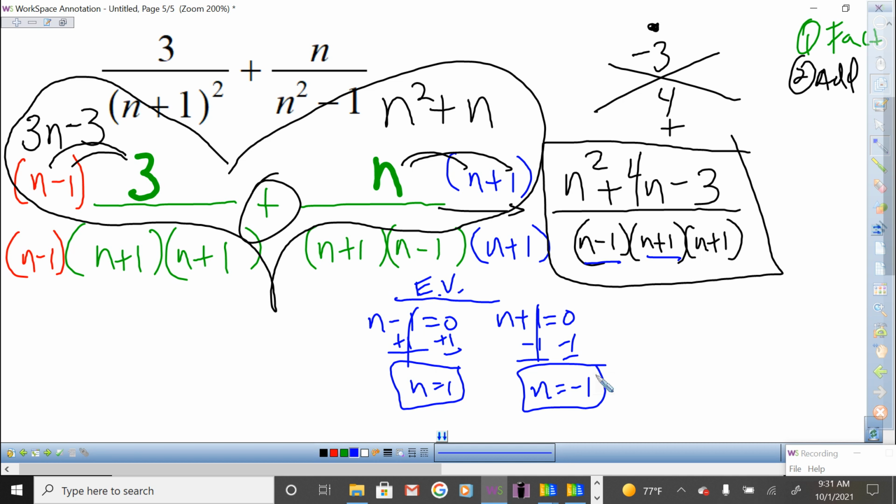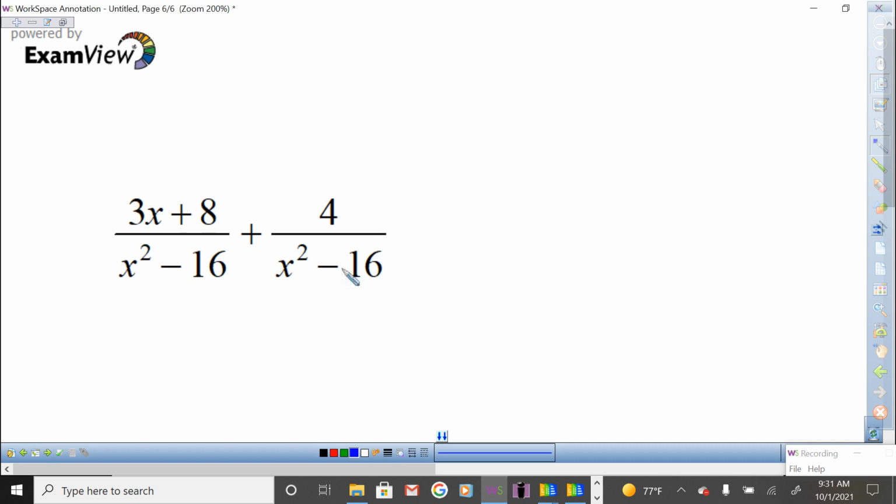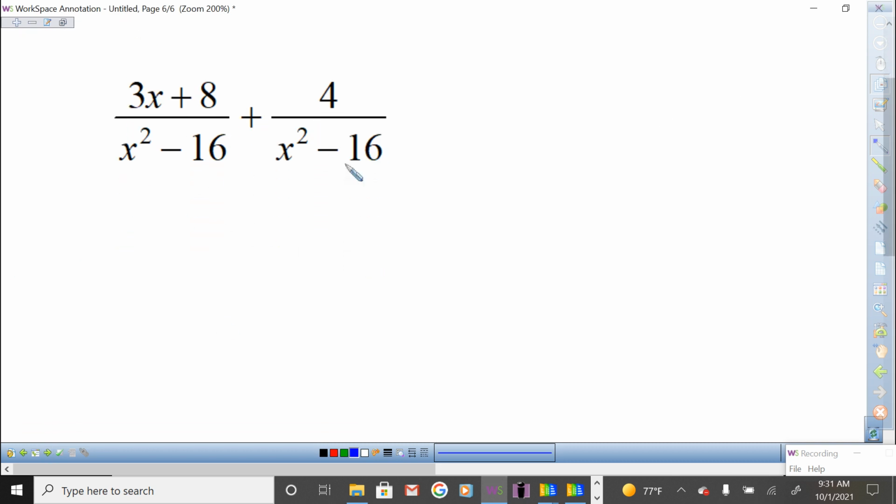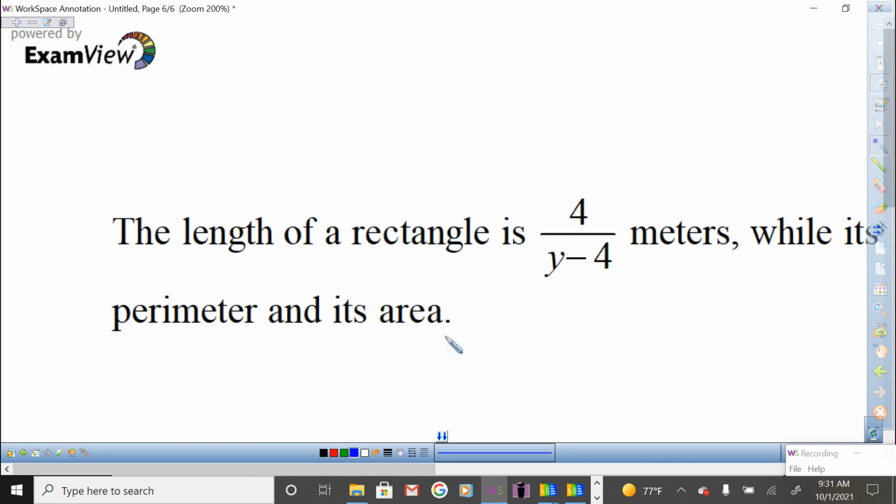This was good, right? Alright, let's see what else we got. This is easy, right? Difference of squares, it's the same for both, yes? Okay. How about this one?